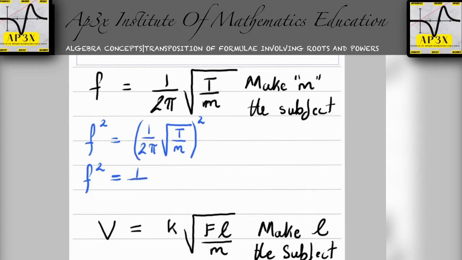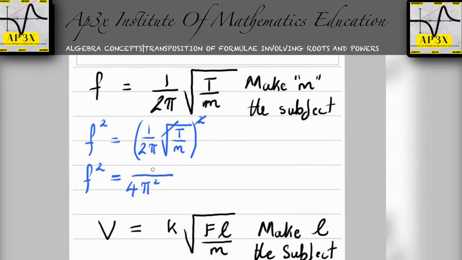And remember now that we're going to square the 2, we're going to get 4. And when we square the pi, we're going to get pi squared. So that's 1 over 4 pi squared. And then of course the square also cancels the square root. So we're also left with t at the top.